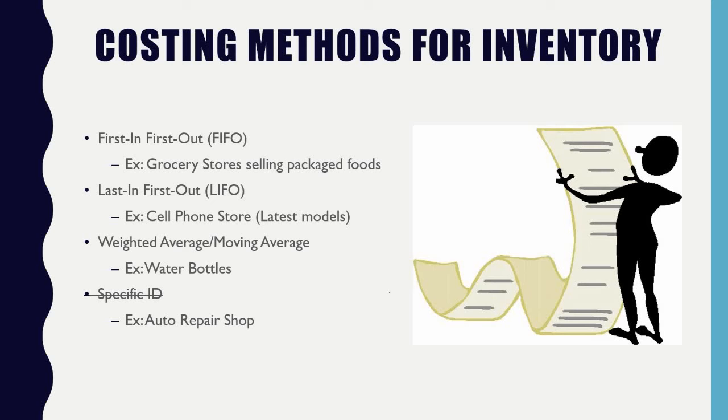Okay. Any questions between all of these? Because we're only going to be focusing on each one every day. Today we're going to be focusing on first in, first out. Tomorrow's going to be last in, first out. Thursday's going to be weighted average. And we're going to see all three of them and differentiate them on Monday.